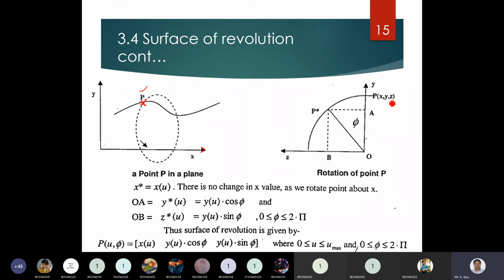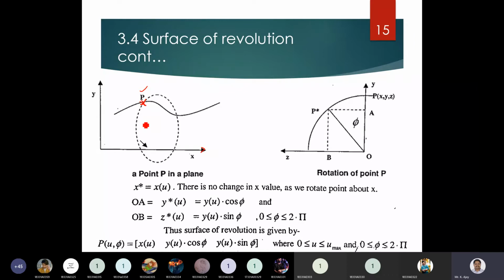But rather than considering the curve in the xy plane, if you consider a curve which also has some z coordinate, then also I can rotate it about the x-axis, even if it is not lying purely in the xy plane.